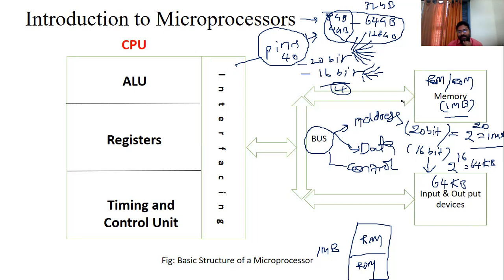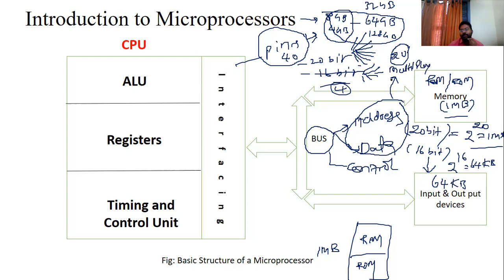So the same pins are used for both addresses and data purposes, and only 20 pins are used for address as well as data. That is why the address and data bus is called multiplexed lines.